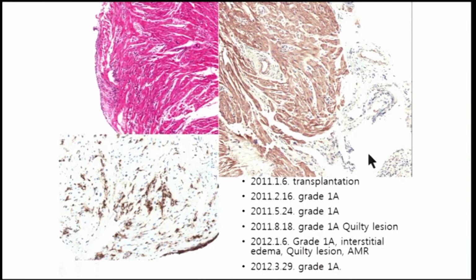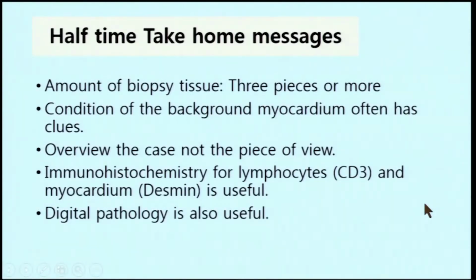And also, there are other examples: acute lesion is common in some patients, while other patients do not often have acute lesion. So this is personal variation.